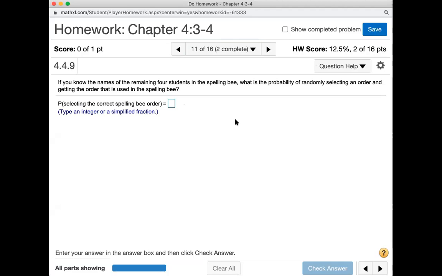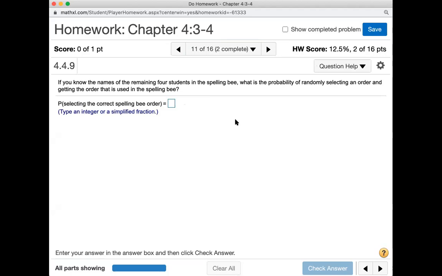Problem number 11. If you know the names of the remaining 4 students in the spelling bee, what is the probability of randomly selecting an order and getting the order that is used in the spelling bee? To figure out the probability, we need the total number of ways to list 4 students' names.